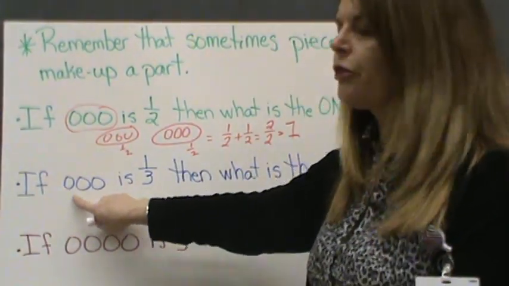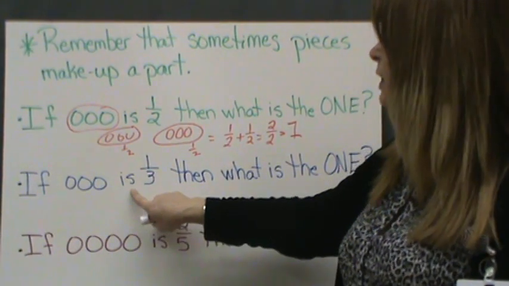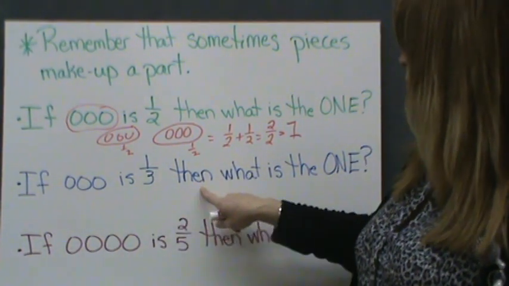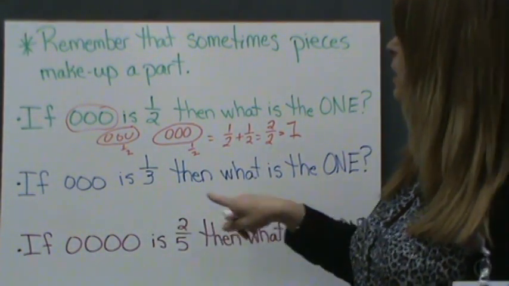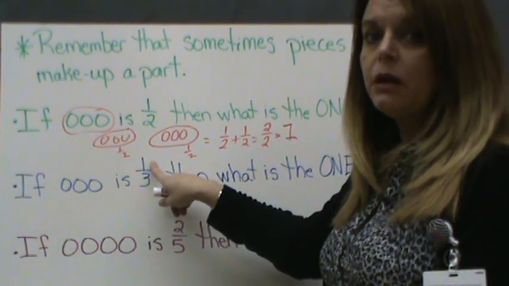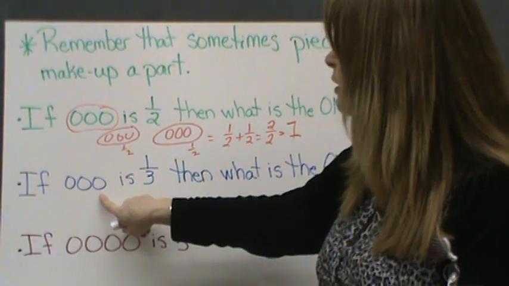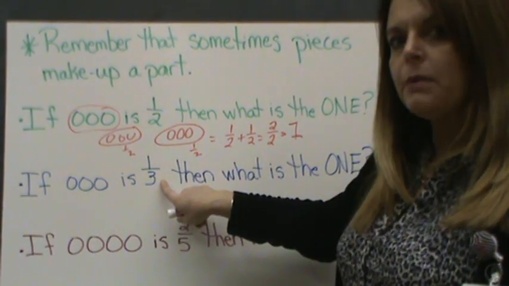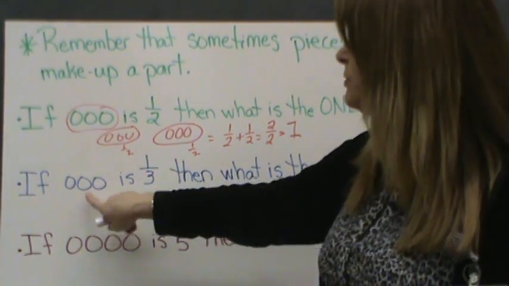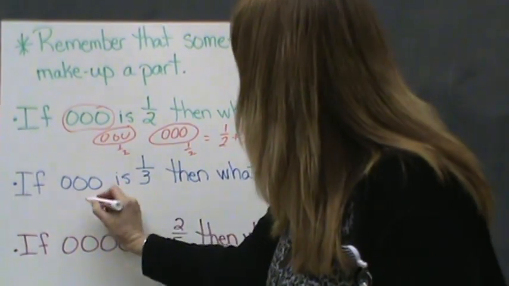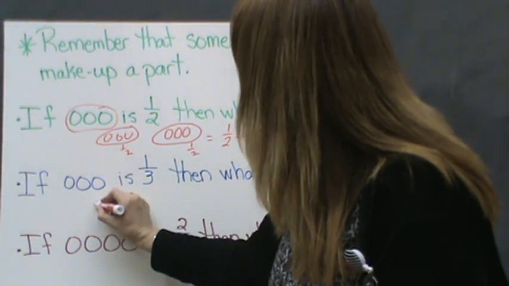What if the 3 beans that I have is 1/3? Then what is 1? Well, my numerator tells me what I'm talking about. I'm talking about these 3 and how many I need to make the whole. If I'm talking about these 3, then it's one marker, right?